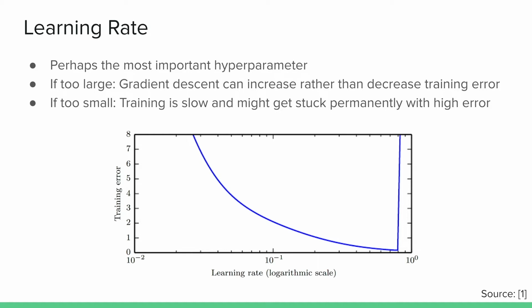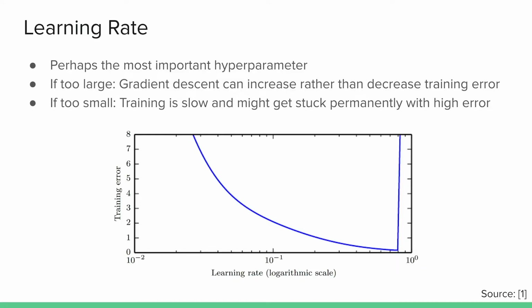The learning rate is probably the most important hyperparameter that you will encounter when you're training your network, and it is the step size that we're moving along in our landscape. The problem is, if it's too large, gradient descent could actually increase rather than decrease the training error.